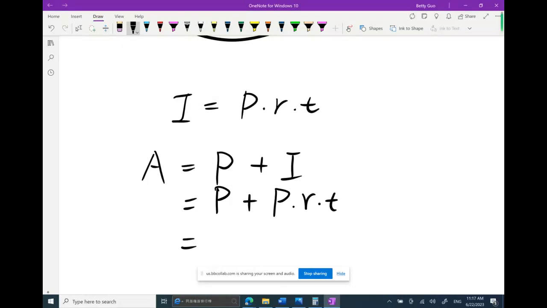we have a sum of 2 terms in the expression, right? We can write P as P times 1 and factor P out. And in the parentheses, from the first term, we have left over 1.